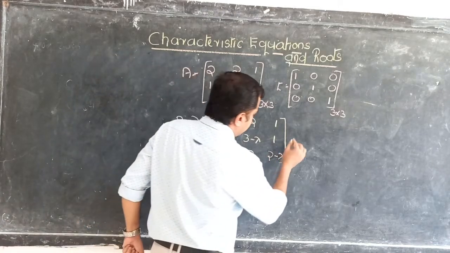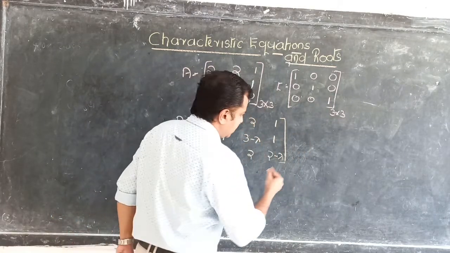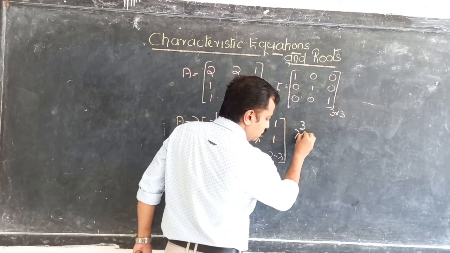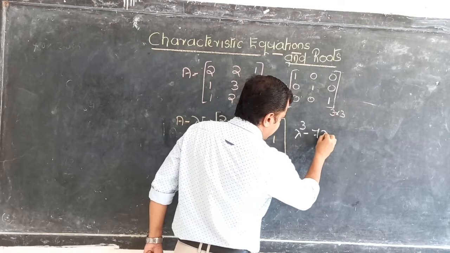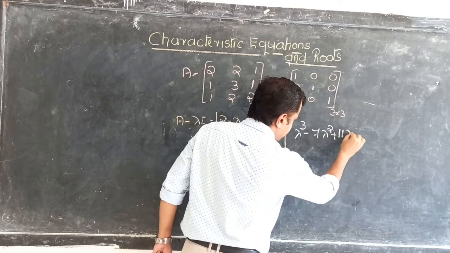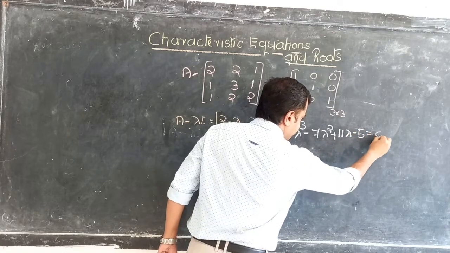Let me just calculate it. Let me say that the determinant of A minus lambda I is equal to lambda cube minus 7 lambda square plus 11 lambda minus 5 equals 0.